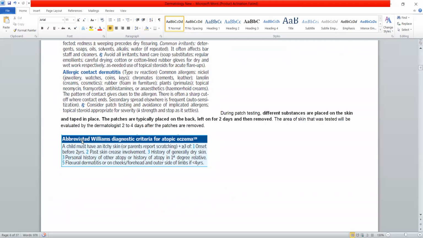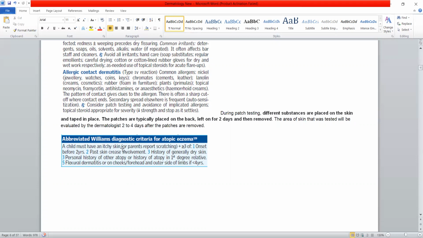Now we discussed atopic dermatitis or eczema. There is a criteria for the diagnosis of atopic dermatitis or eczema that is known as Williams diagnostic criteria. What is Williams diagnostic criteria?